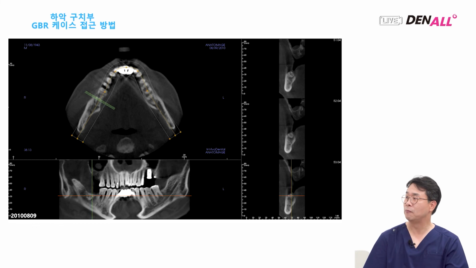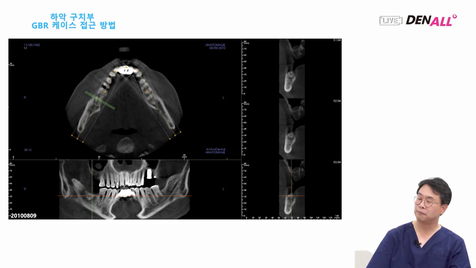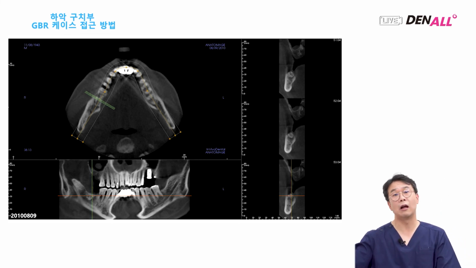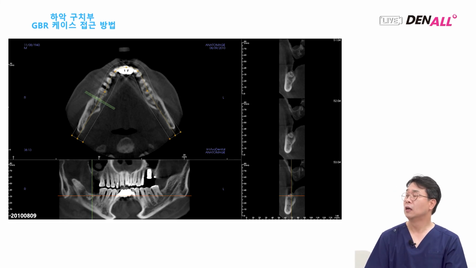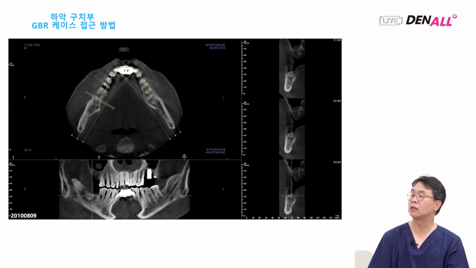If you look at the picture, the GBR site, where autogenous bone and the xenograft were used, the alveolar ridge is pretty well formed. 5 or 6 years passed, so it is fully healed.